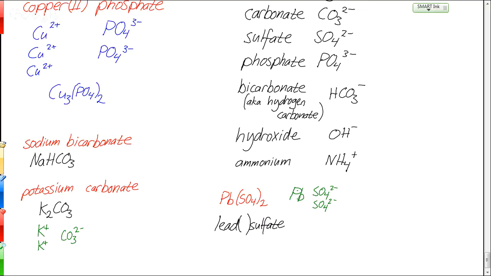So what does the charge on that lead have to be to balance out those 2 SO4 2 minuses? 4. Yeah. So that's got to be 4 plus. So that's lead(IV) sulfate.